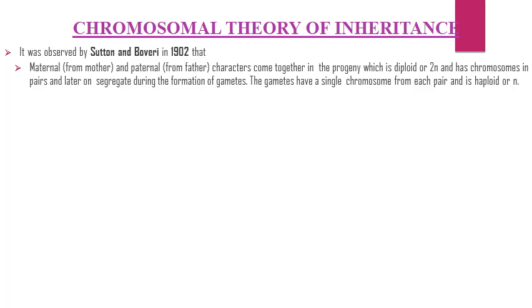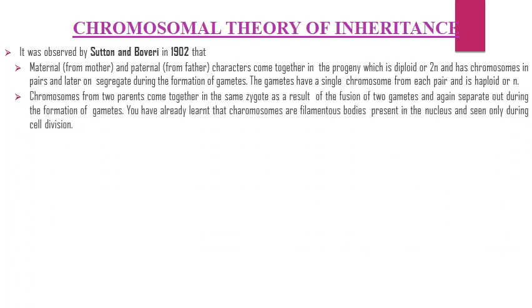Chromosomal theory of inheritance. It was observed by Sutton and Boveri in 1902 that maternal and paternal characters come together in the progeny, which is diploid or 2n and has chromosomes in pairs, and later on segregate during the formation of gametes. The gametes have a single chromosome from each pair and are haploid.